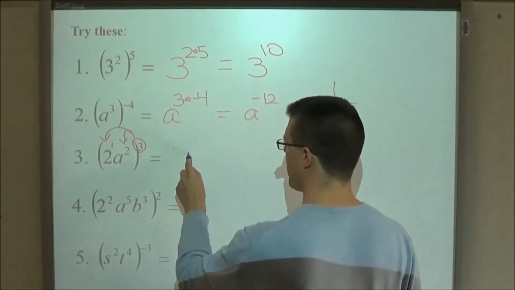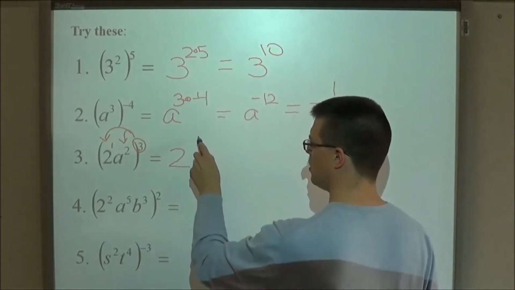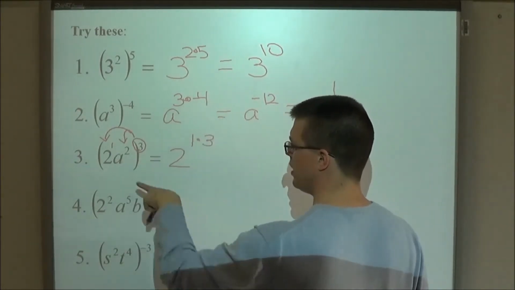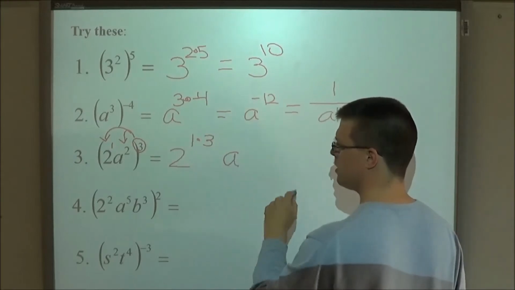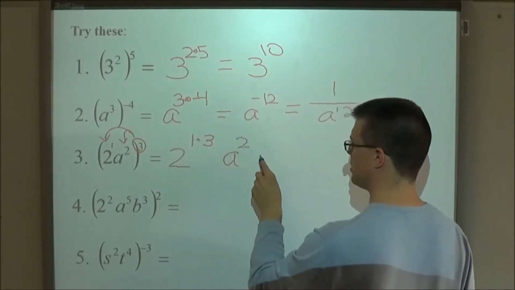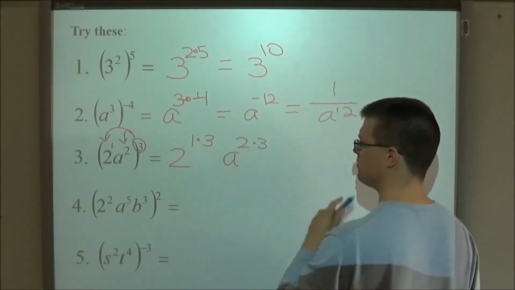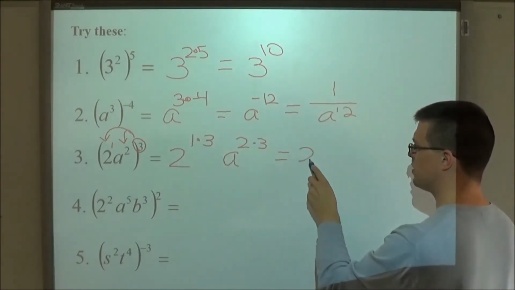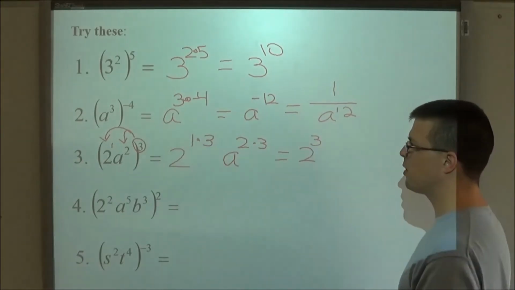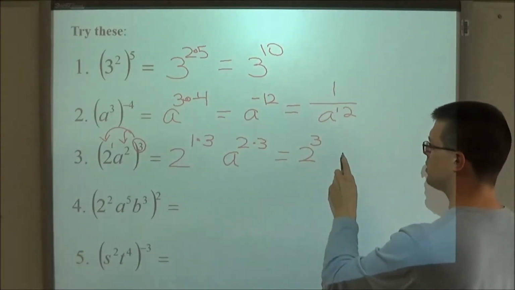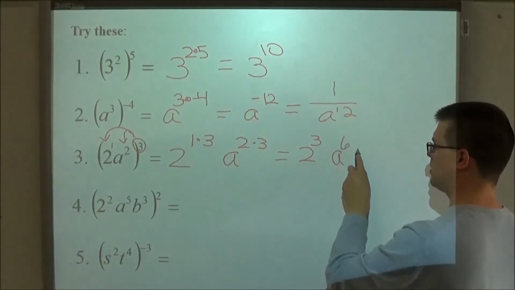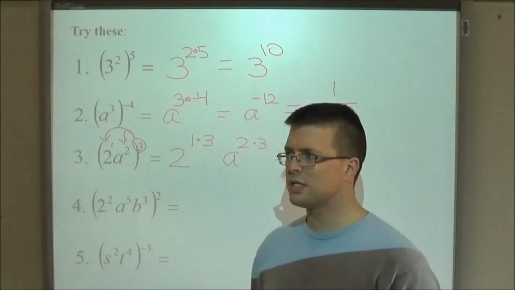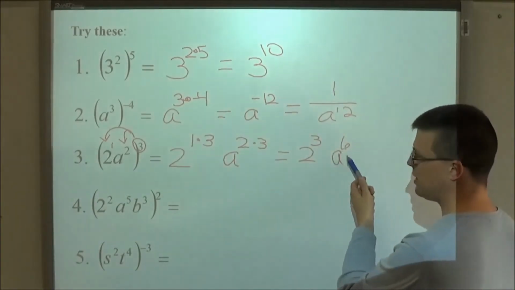So really what we have is 2 to the 1st power times 3, and a to the 2nd power times 3. So our 2 is really to the 3rd power, and our a is really to the 6th power.